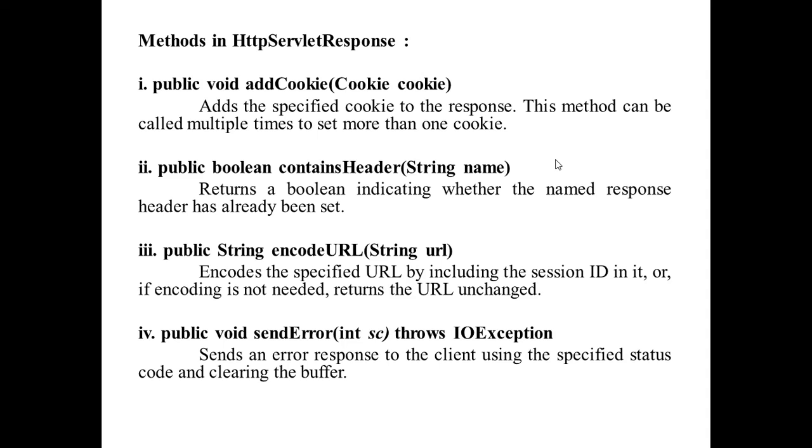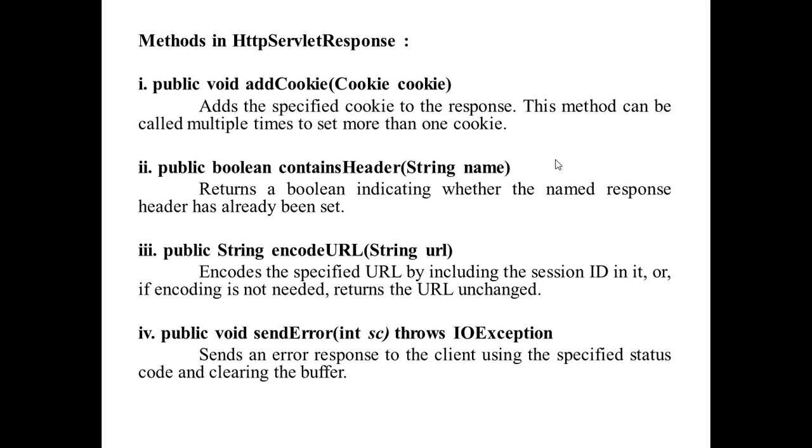Means if you want to add cookies in the response, that time the addCookie method is used. So it adds the specified cookie to the response and this method can be called multiple times to set more than one cookie. So in the program you can set more than one cookie by calling the addCookie method multiple times.